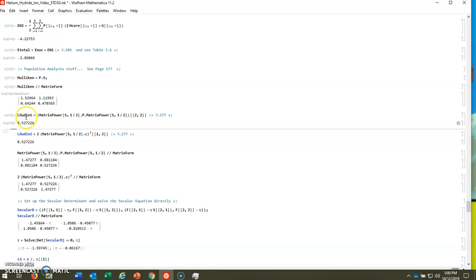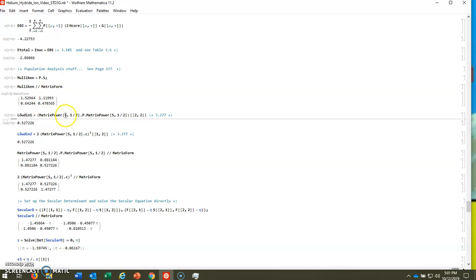Somewhat more generalized is the Löwdin population analysis. Notice that this is actually raising a matrix to the 1/2 power. This is not the S^(-1/2) matrix that we had before for normalizing. This is actually raising a matrix to a power, so I have to use the matrix power subroutine in Mathematica to get the right value.